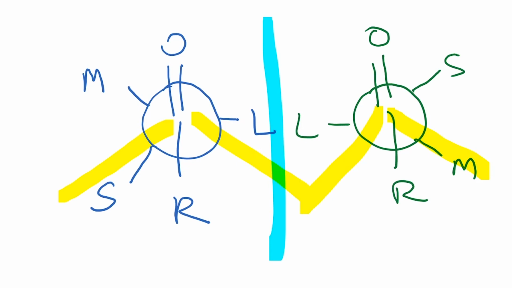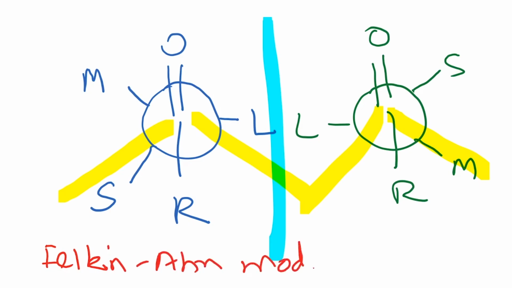So as a general model, this is the one that is used to understand nucleophilic addition reactions on carbonyl compounds. This model is called the Felkin-Anh model.